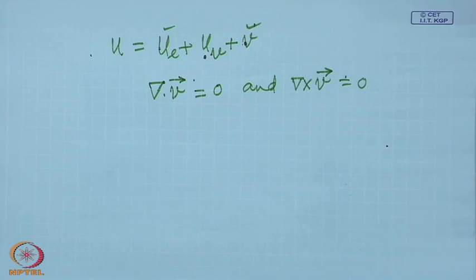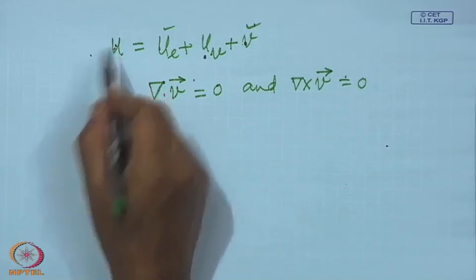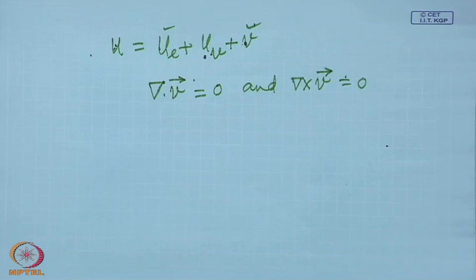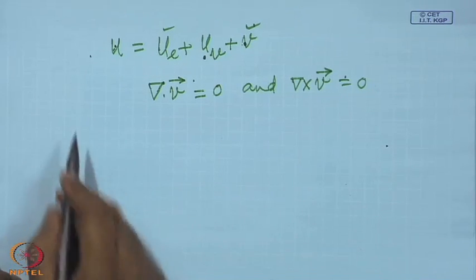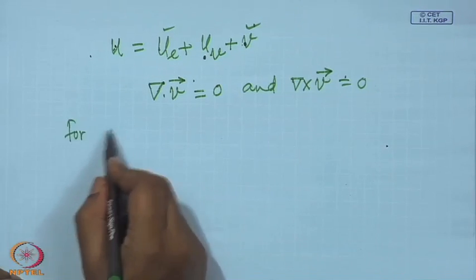And now we will try to say something about how to find it, but before doing that, see one thing in particular. If the flow is incompressible, then the actual velocity u itself satisfies divergence of u equal to 0.